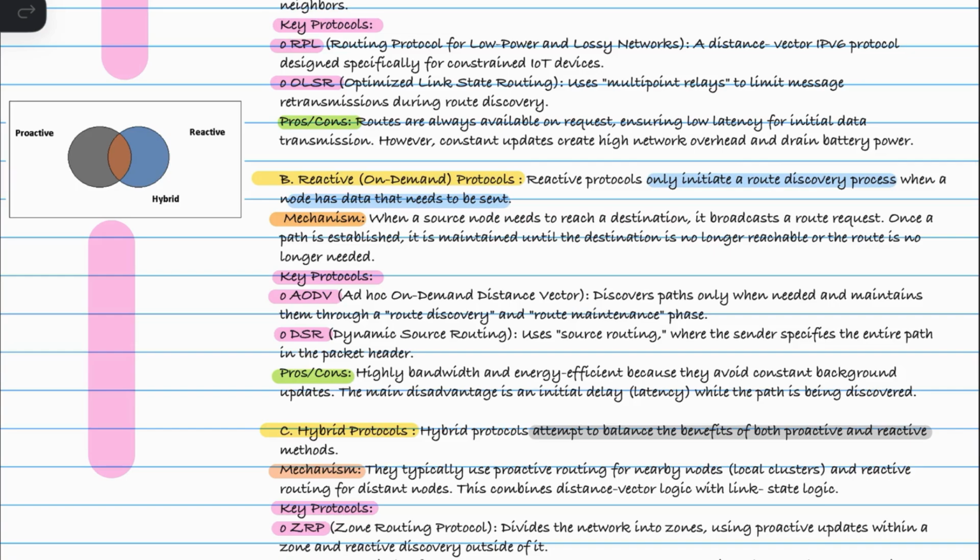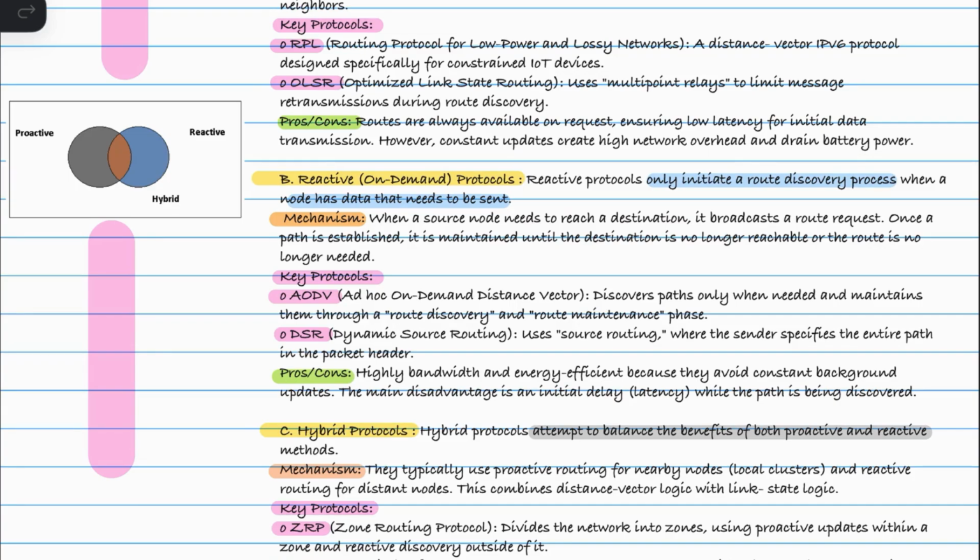We divide the network into local neighborhoods, or zones. Inside its close local neighborhood zone, the device acts proactively, maintaining tight instant routing tables with its immediate neighbors because it talks to them frequently.